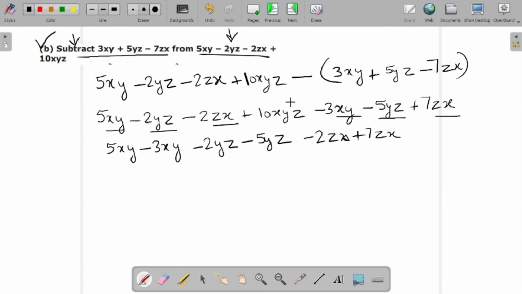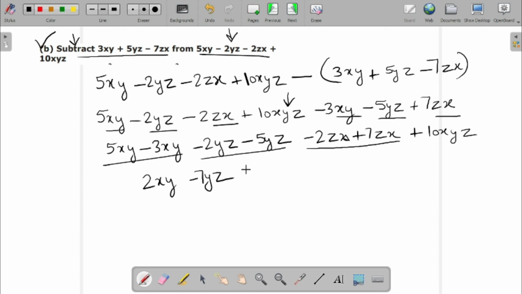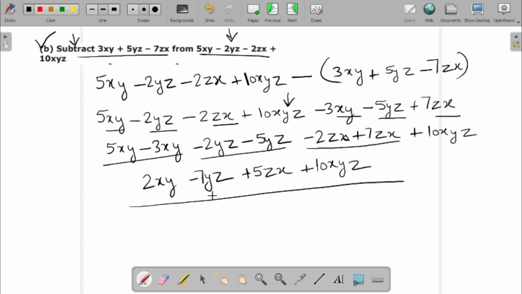Then what is left? This term is left, that is 10xyz. Now 5 minus 3, that is 2xy. Minus 2 minus 5, minus 7yz. Minus 2 plus 7, 5zx. Then 10xyz. So this is the solution for the B part.